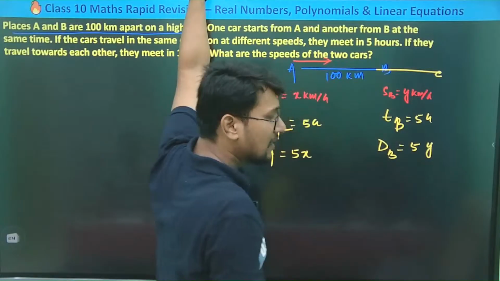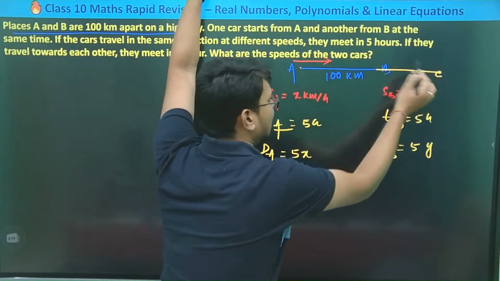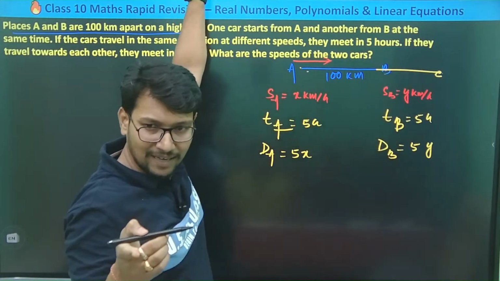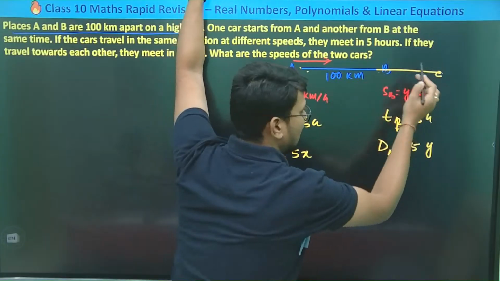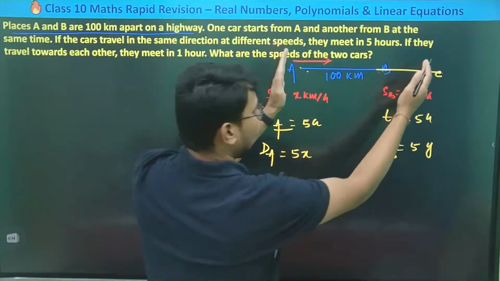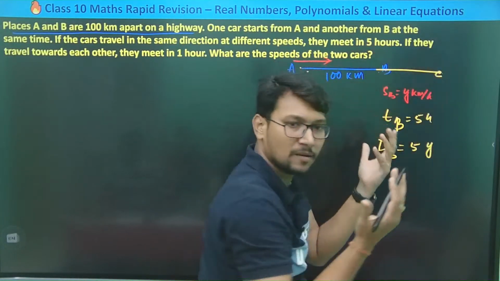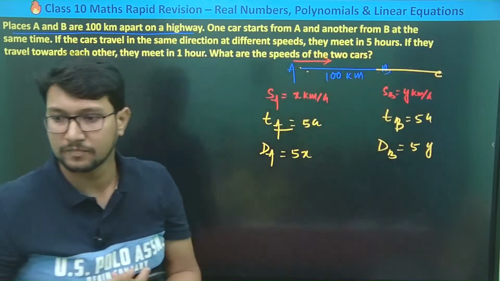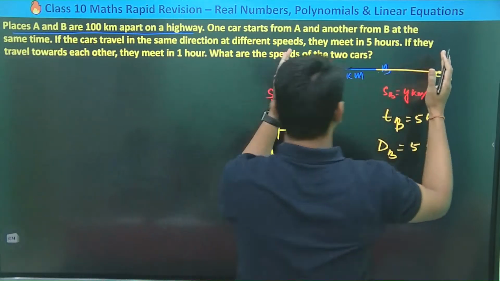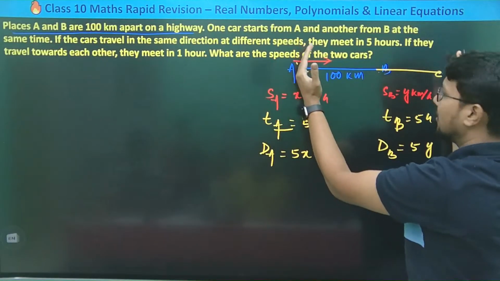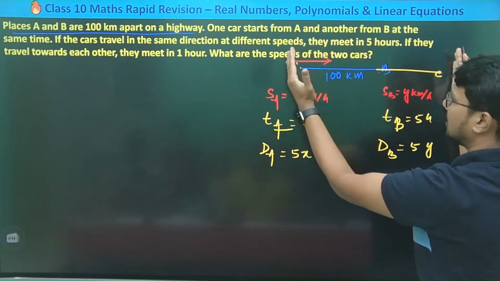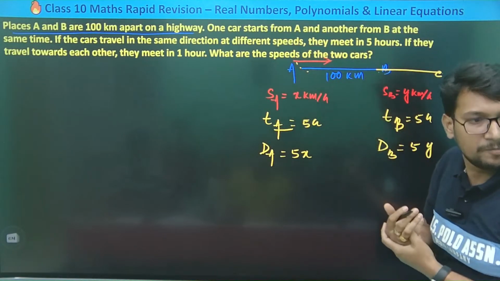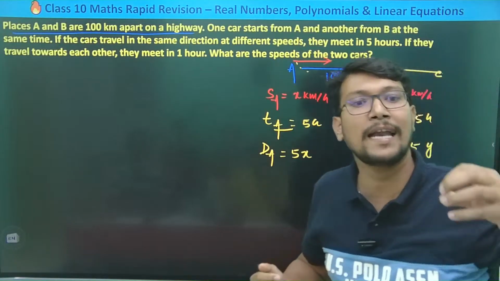Right? So the distance AC is 5x, and the distance BC is 5y. Now AC minus BC is what? AC minus BC is AB. It is the case 1 equation.